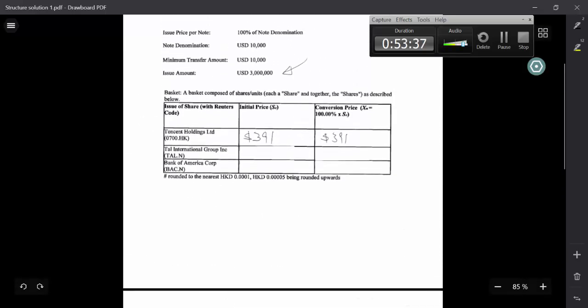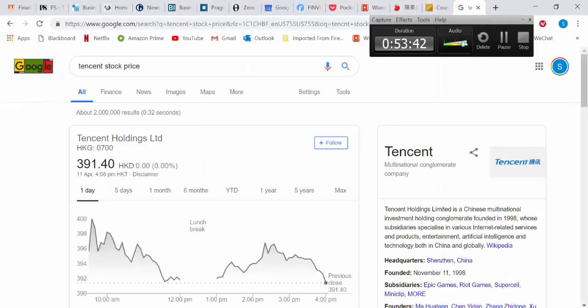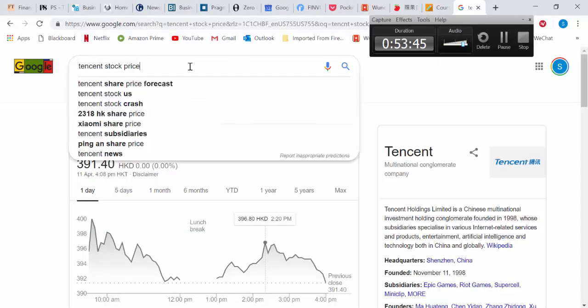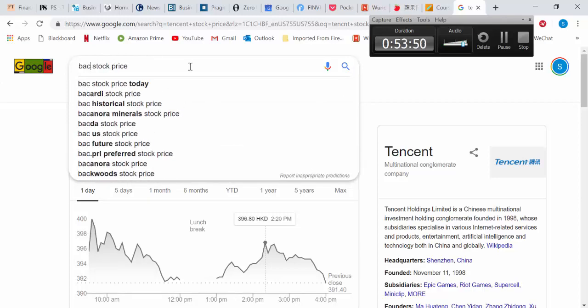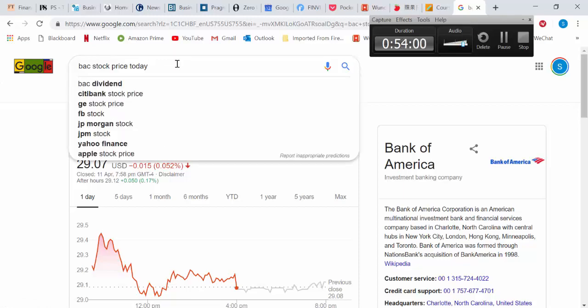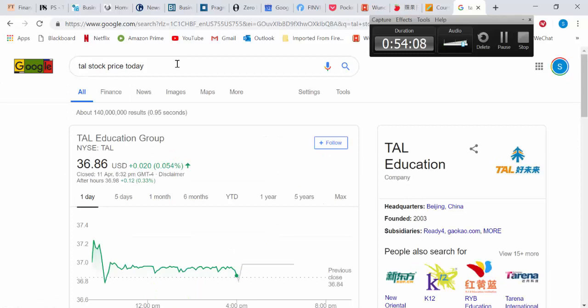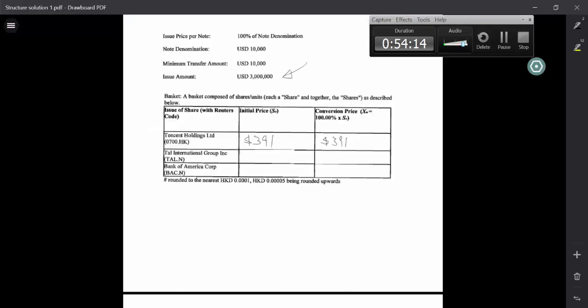So you have 3 stocks, and they start at, I don't know where BOA is trading, $29, and Tao, $29 and around 37. Okay, let's just say 36.